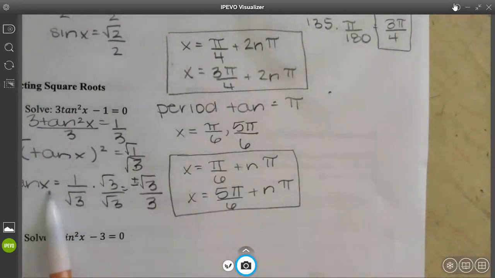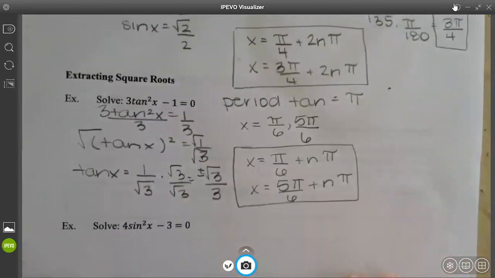How can I solve this equation right here if I'm looking for the x part? How can I find that little x right there? The inverse, the tan inverse. So check this out.